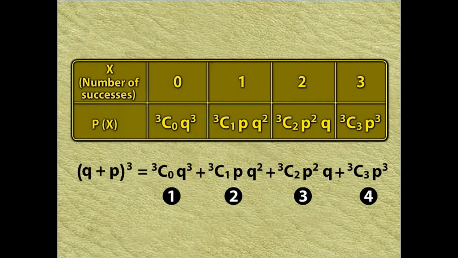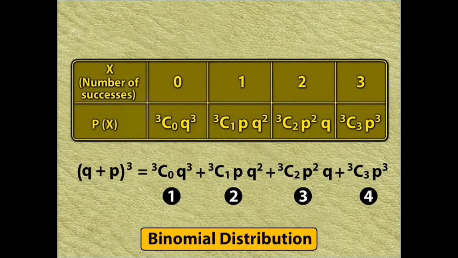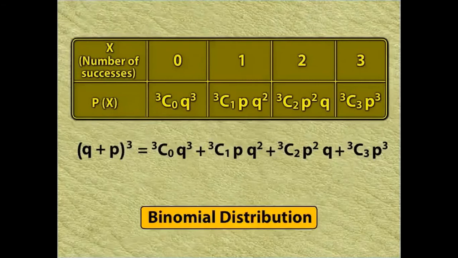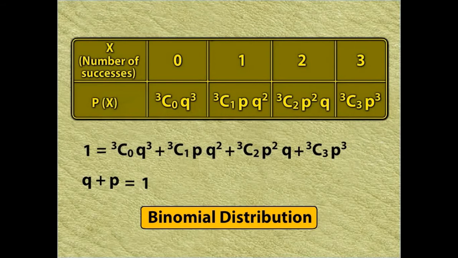This is why such probability distribution is called a binomial distribution. Since the sum of the probability of failure and probability of success is equal to 1, the sum of the probabilities of 0, 1, 2 and 3 successes is also equal to 1.